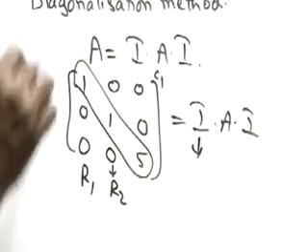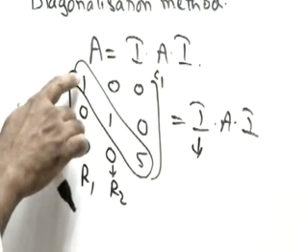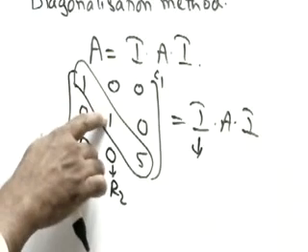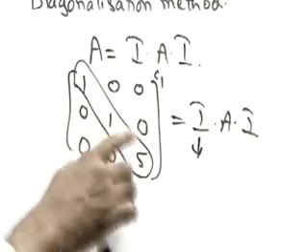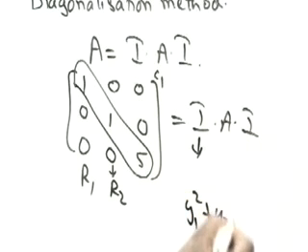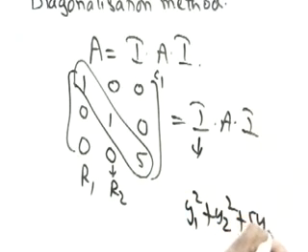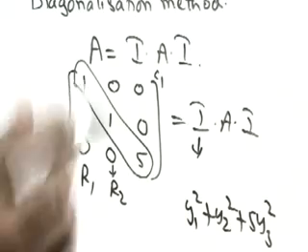Thus, if we are left with only these numbers, this form is called canonical form. We apply this y1 square, y2 square, y3 square. For example, we write 1 into y1 square plus y2 square plus 5y3 square. So this is called canonical form.